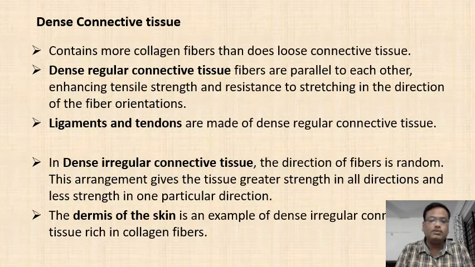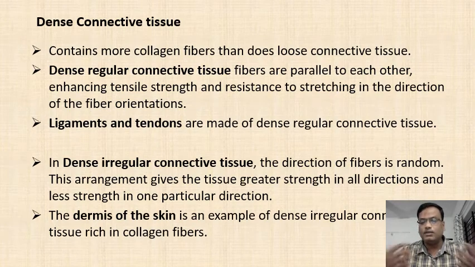So we know about these ligaments and tendons which are found in different parts of the body. Of course, muscular tissue is mainly involved in locomotion, and along with that we find these ligaments and tendons. They are the ones which are helpful in maintaining the tensile strength.